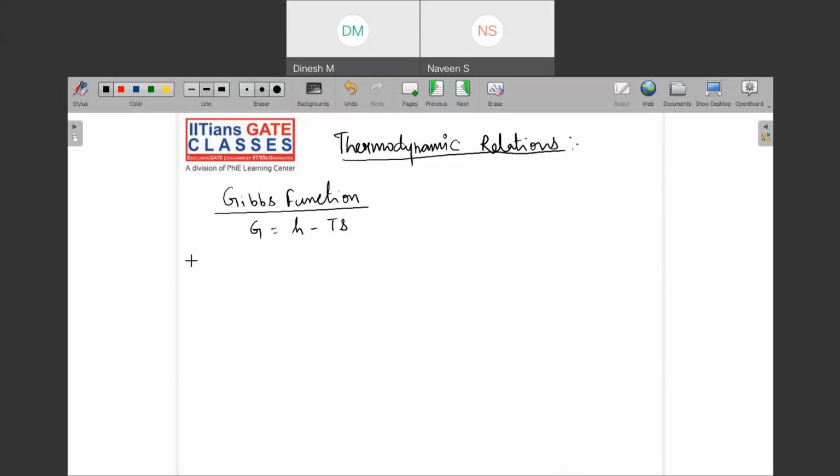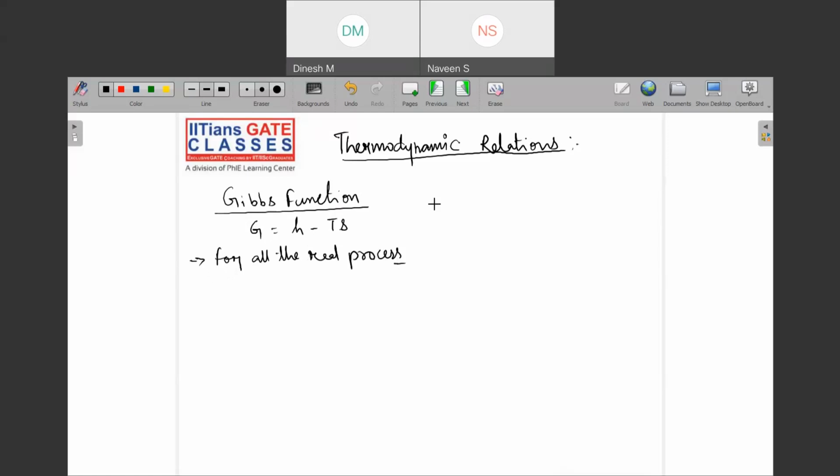The important point about the Gibbs function is that for all real processes, it attains a minimum value at equilibrium. If you are working in equilibrium conditions, you have to look at whether your Gibbs function value is at its minimum. Then what I would write is that for all real processes.